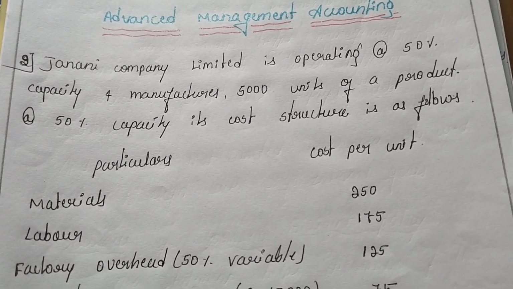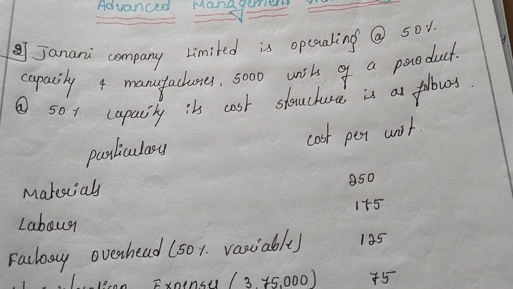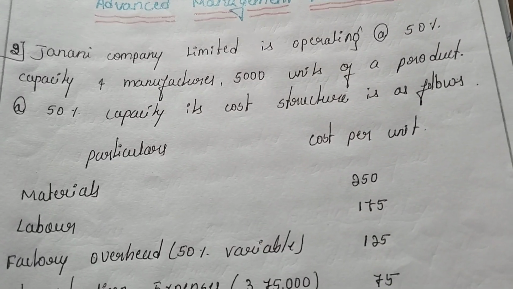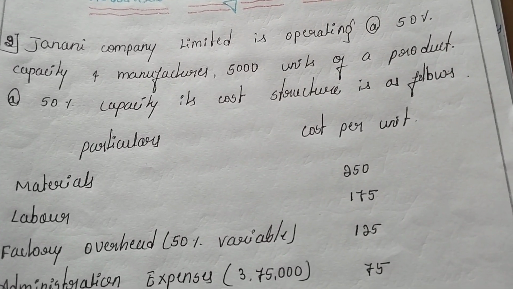Janani Company Limited is operating at 50% of capacity and manufacturing 5,000 units of production. At 50% capacity, its cost structure is as follows.